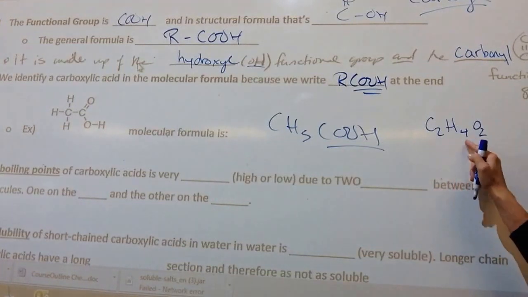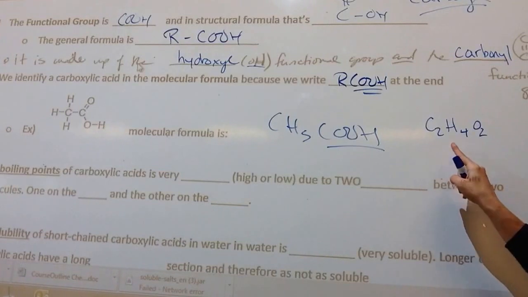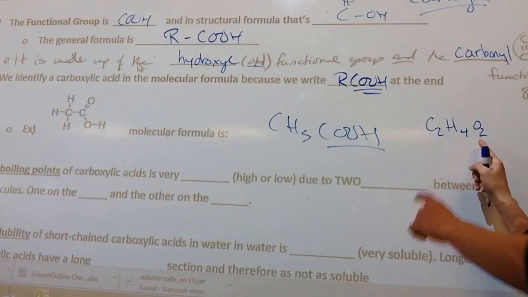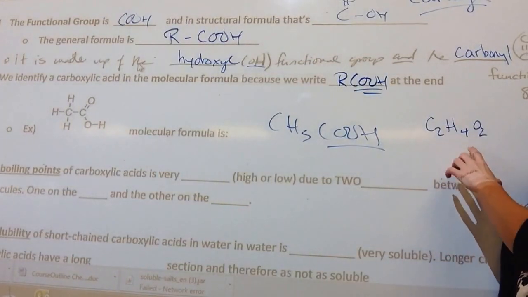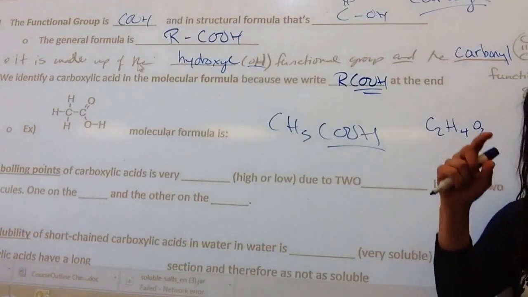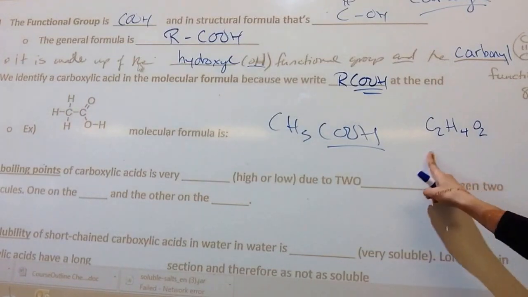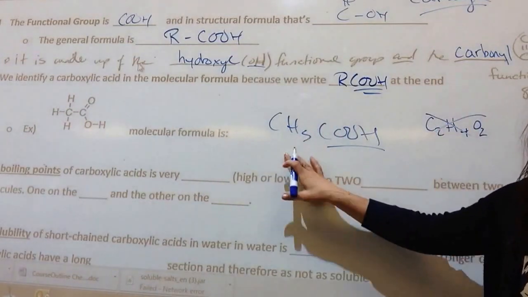In fact, this could make many different kinds of isomers, putting my oxygen in many different places. I'm sure I could figure out a way to make that a diol, an alcohol with two OHs. So this does not give me an aha. This one does.